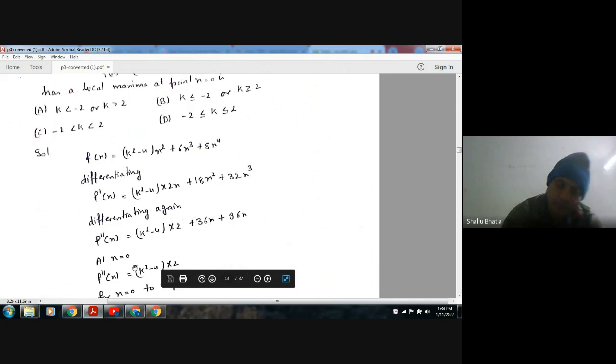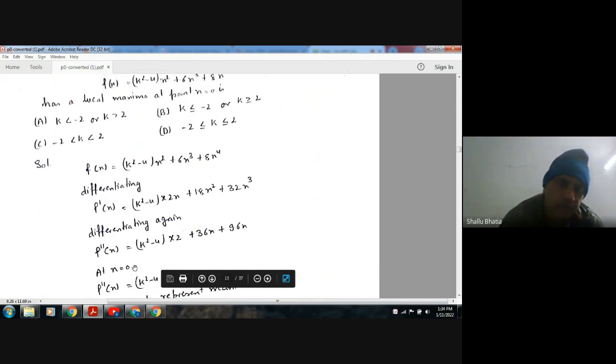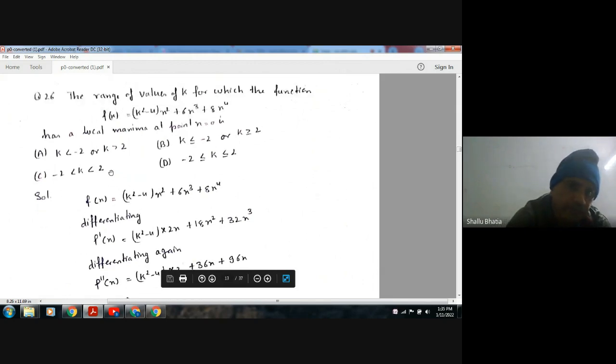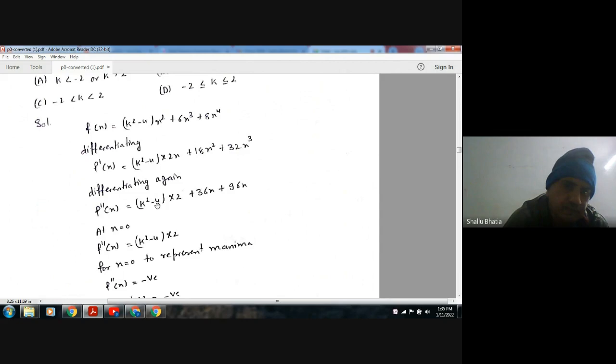Now it is given that there exists a local maxima at x = 0. So putting x = 0 and finding f''(x), for x = 0 to represent a maximum, this quantity should be negative.